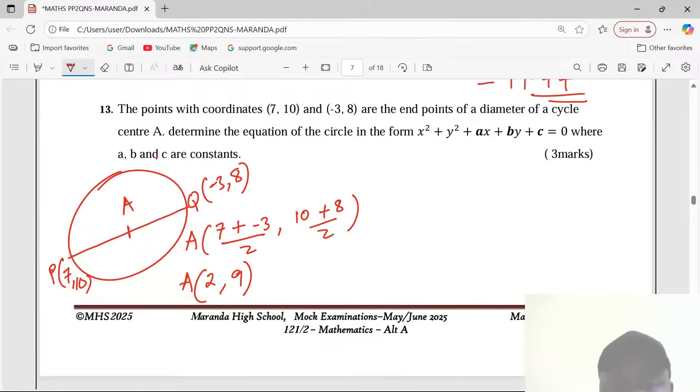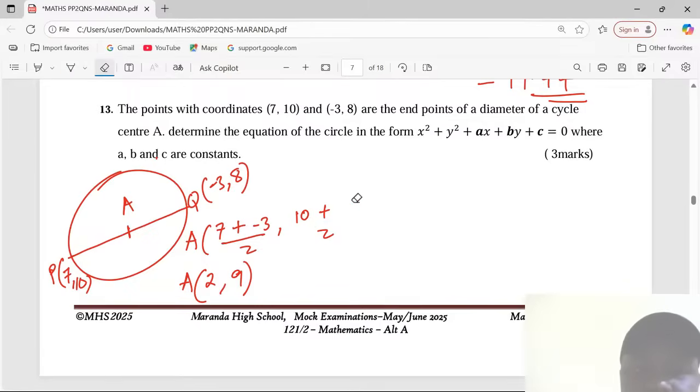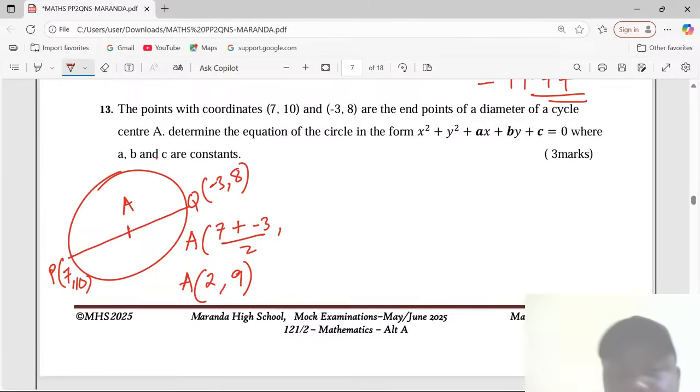Again, we are supposed to apply some vectors to get the radius of the circle. From P to A or from A to Q, any of those lengths will give us the radius, because we can't find the equation without the radius. Let's get the radius. So from P to A, vector PA, we need A, which is 2, 9, and P, which is 7, 10.